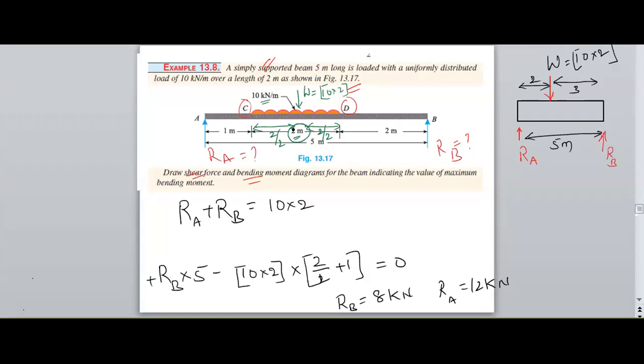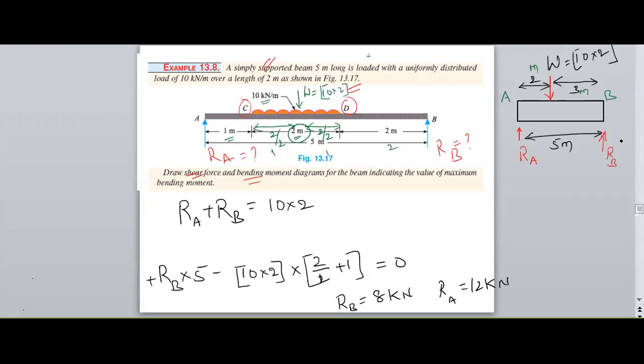So from A, the point load is at 1 plus 2 by 2, which is again 1, therefore 2 meters from A. And the same point load is at a distance of 3 meters from B, since from B, this is 1 and this is 2, so the total distance is 3.